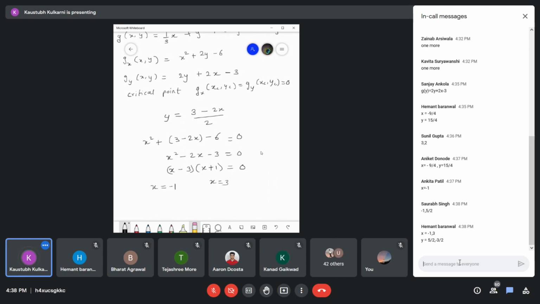Okay, and accordingly, when x is minus 1, y will be 3 plus 2 by 2, it is y will be 5 by 2, and when x is 3, it will be 3 minus 6 upon 2, which is minus 3 upon 2. Okay, let me see what you have written in chat.